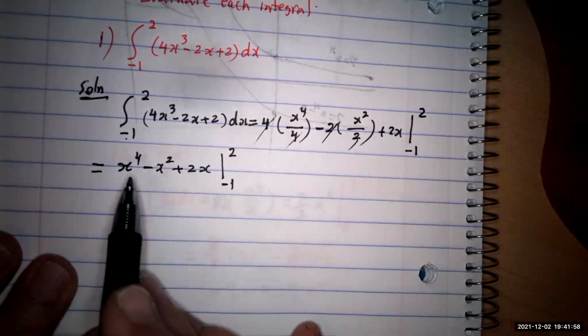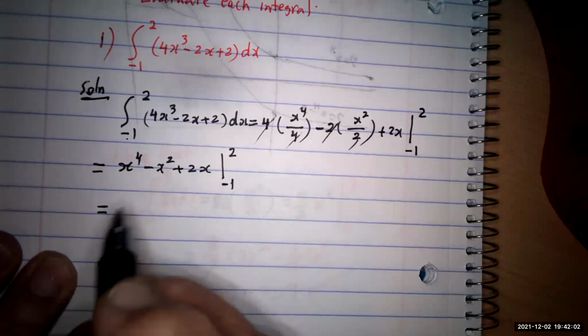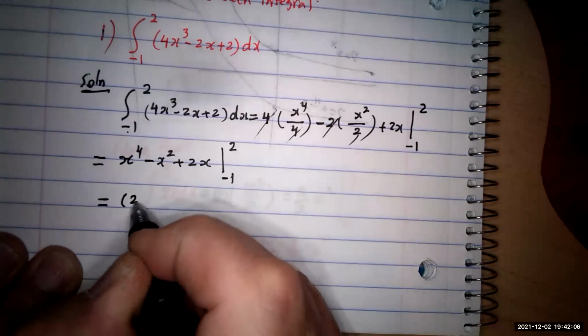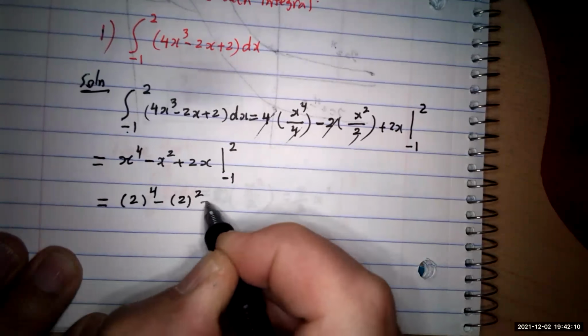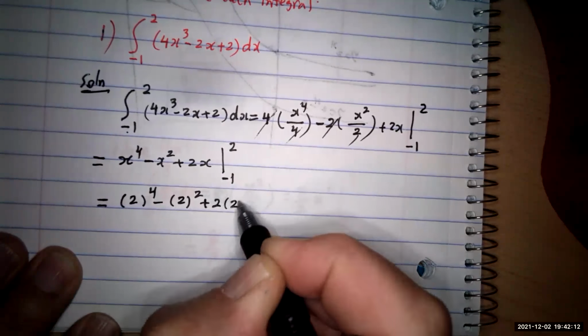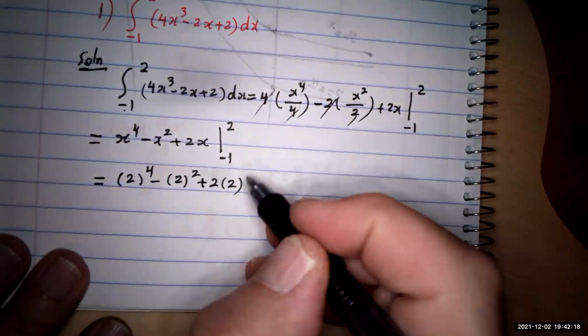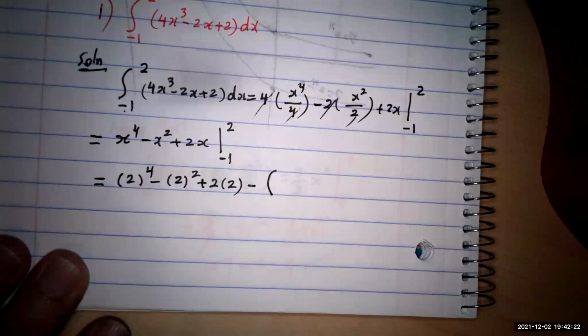Now substitute. You put x equal to 2 first. Carefully substitute. Use parentheses when you substitute the numbers. 2 to the 4th minus 2 squared plus 2 times 2, minus, open a bracket: -1 to the 4th minus -1 squared plus 2 times -1.